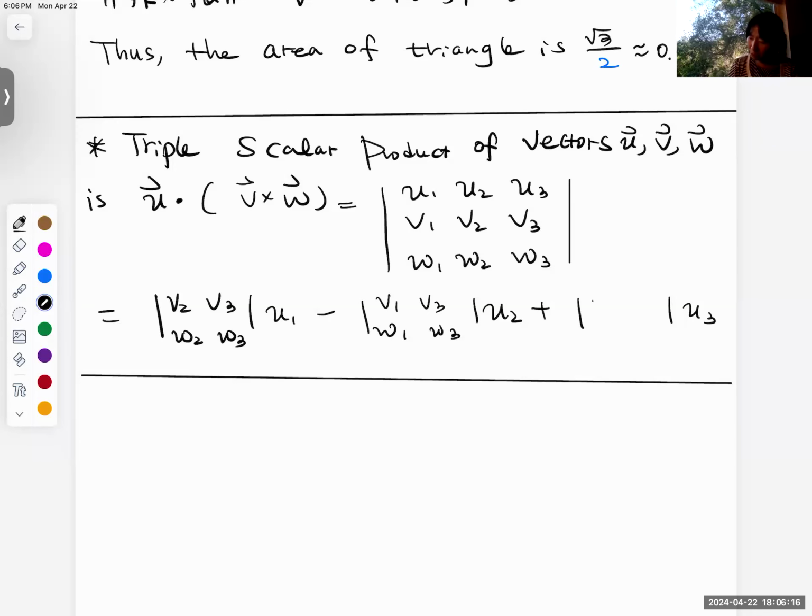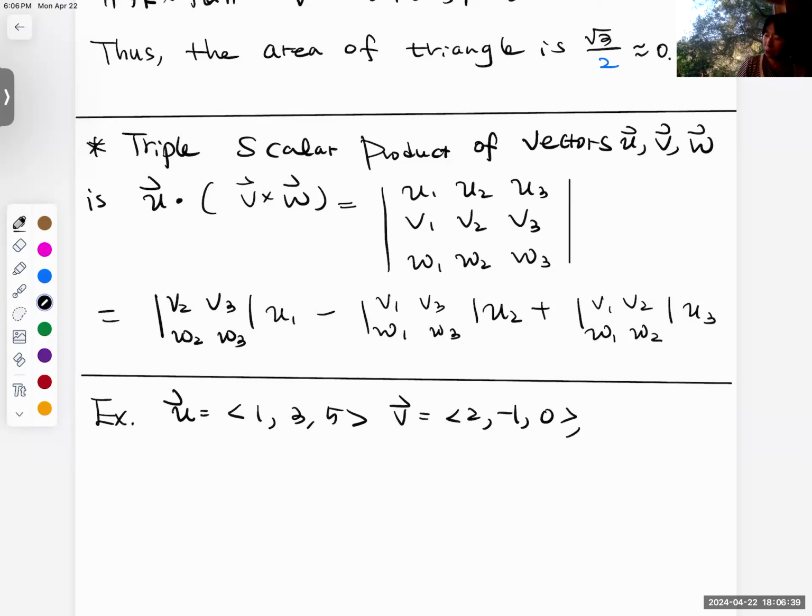And then u sub 3 with v sub 1, v sub 2, w sub 1, w sub 2. Yeah? Okay. Now, the example I erased earlier, we are going to use that. u equal to 1, 3, 5. v equal to 2, negative 1, 0. w equal to negative 3, 0, negative 1.